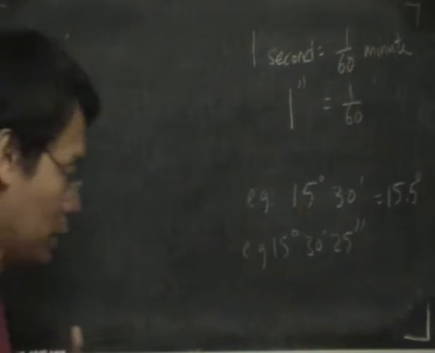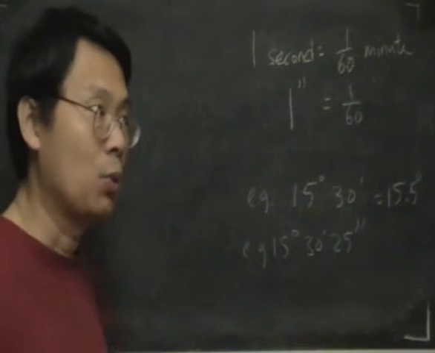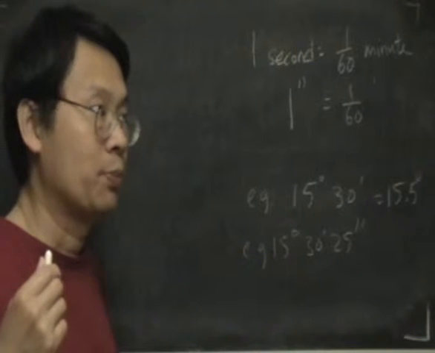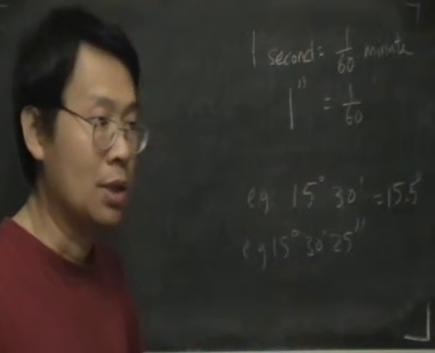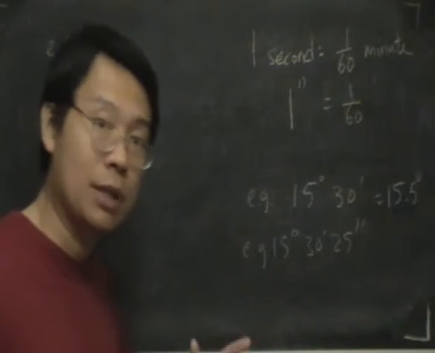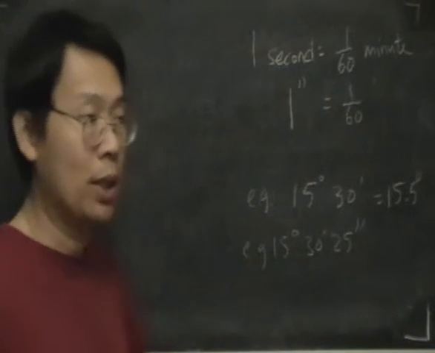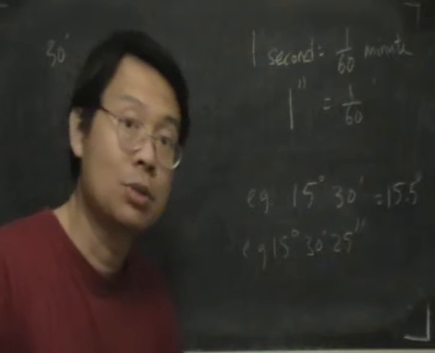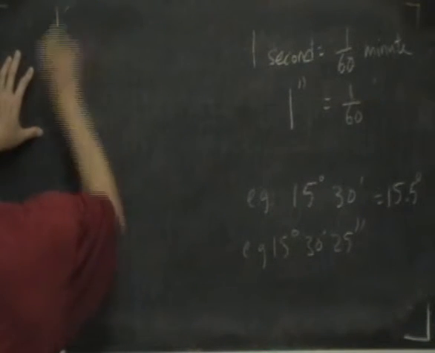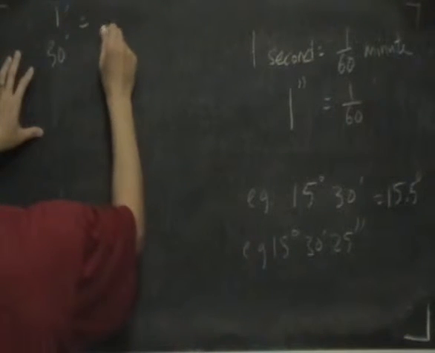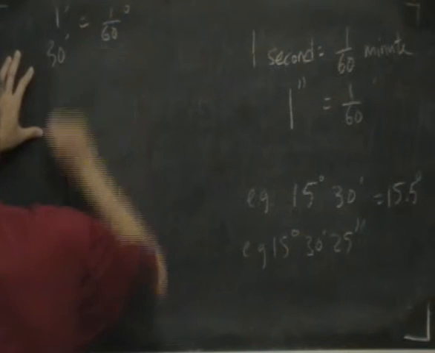And the way to do it is the same as the way we treat units of length or time. It's similar to the way that we convert from centimeters to meters. So for example, I know that 1 minute is 1/60th of a degree.